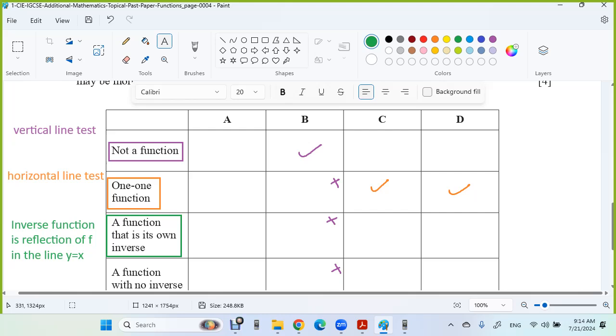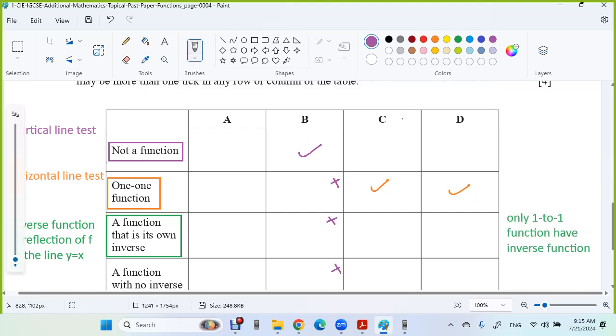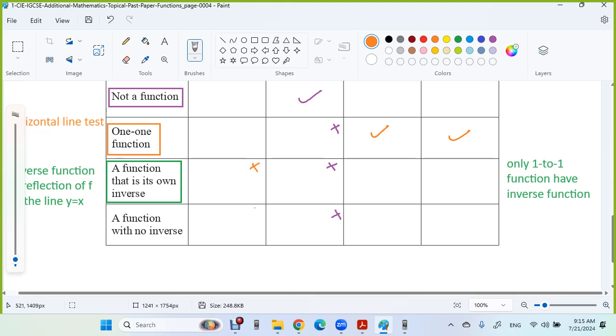And only one-to-one functions have inverse functions. Since this one is not a one-to-one function, and this two are not one-to-one functions, these two no need to check anymore.